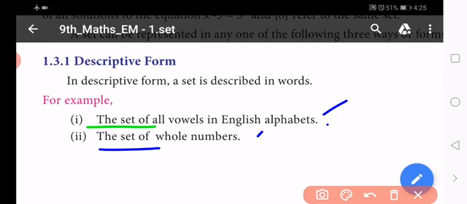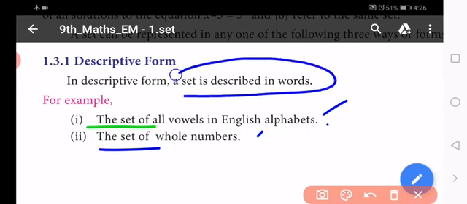So these are all the examples of statement form or descriptive form. What is the first form? Descriptive form. Descriptive form means verbal description of its elements. That is, a set is described in words.